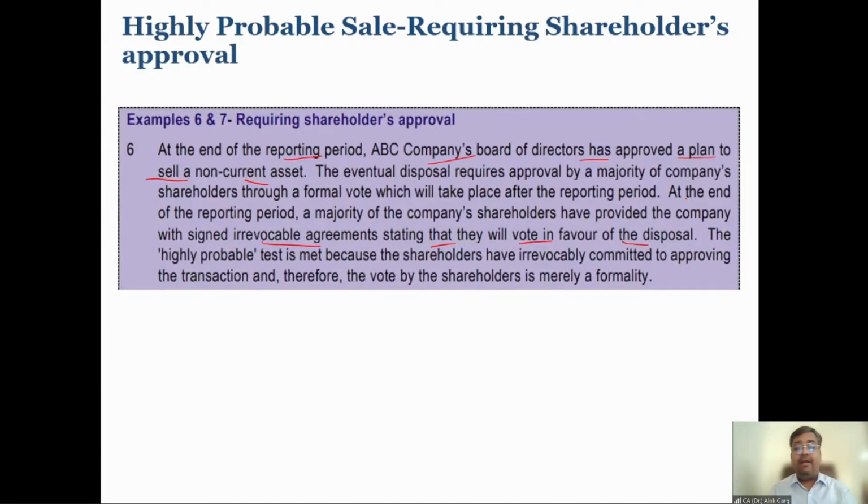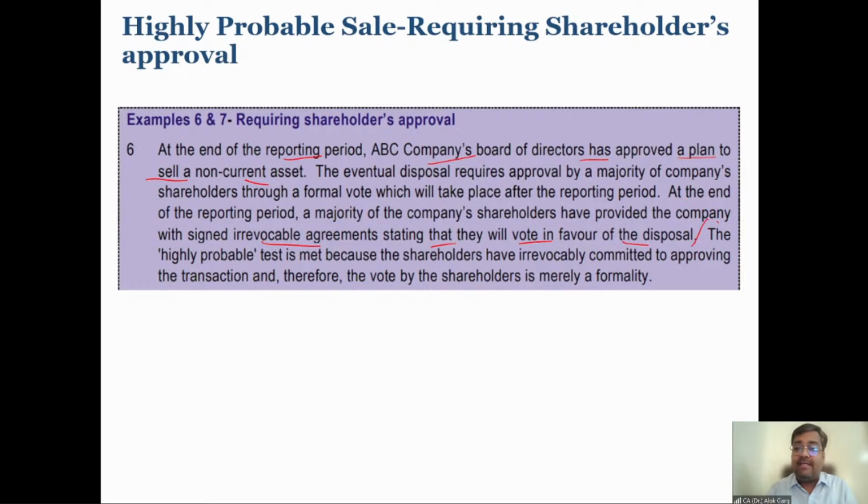So at the end of the reporting date, the board has approved, but the actual disposal will require majority shareholder approval, which will happen after the reporting date. But at the end of the reporting date, the majority of the shareholders have given consent with a signed irrevocable agreement, which is not revocable, that they will vote in favor of the disposal.